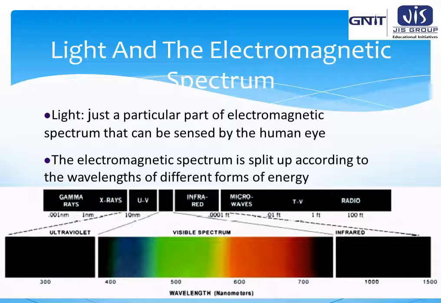Here the wavelength is given in nanometers. If we look carefully, we can easily understand the different electromagnetic spectrum and the visible spectrum among it.